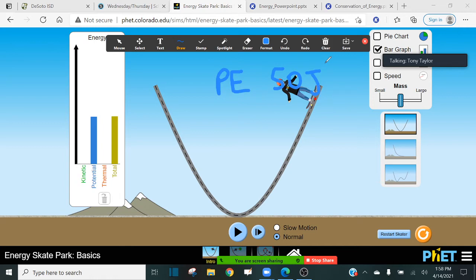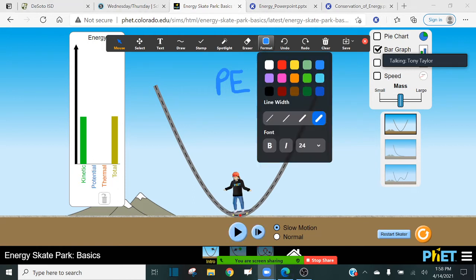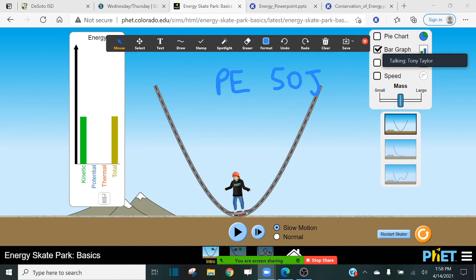Can someone tell me how many joules of kinetic energy he will have when he reaches the very bottom here? Anyone? Tell me in the chat box. So in this particular example, how many joules of kinetic energy will we have at the very bottom?